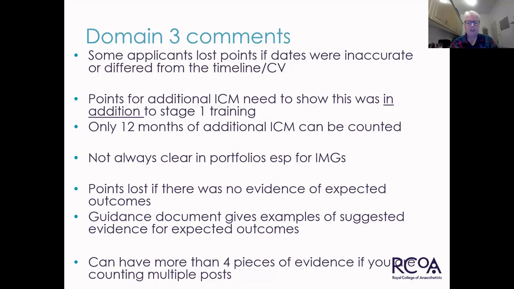In the past, people have lost points if they didn't include evidence of expected outcomes. And applicants have lost points if the dates were inaccurate when you upload this information, relating to when the assessors looked at your CV and timeline. So make sure they both tally and they are the same. This is the only domain 3 where you can have more than 4 pieces of evidence per domain, if you've done multiple posts and therefore need to upload more than 4 pieces of evidence.